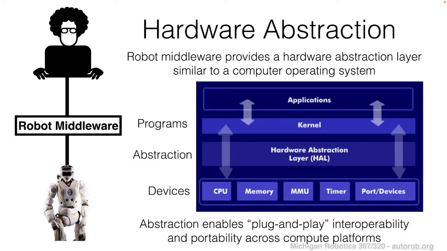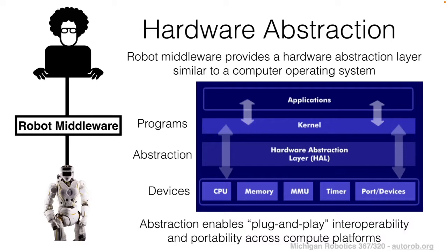Within a computing device, at the highest level of abstraction, you have the application level. Here are the programs that run on top of the operating system and can interact with the hardware through the kernel of the operating system. The kernel provides a service for these applications by abstracting away, to a very large degree, the actual details of the computing devices, like the CPU, the memory, and so forth.